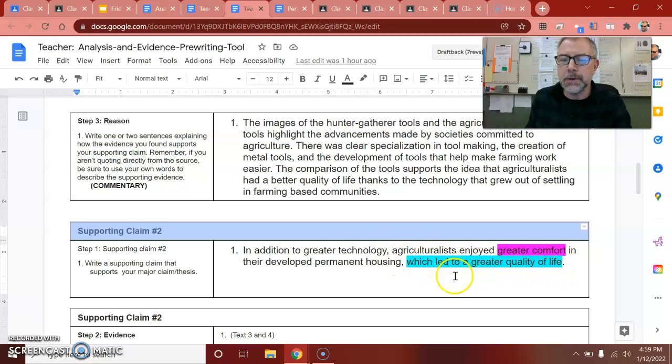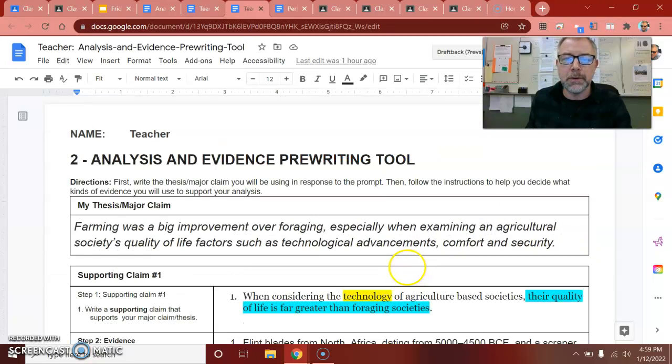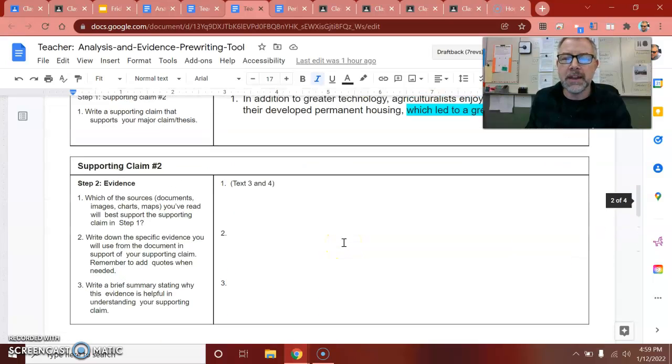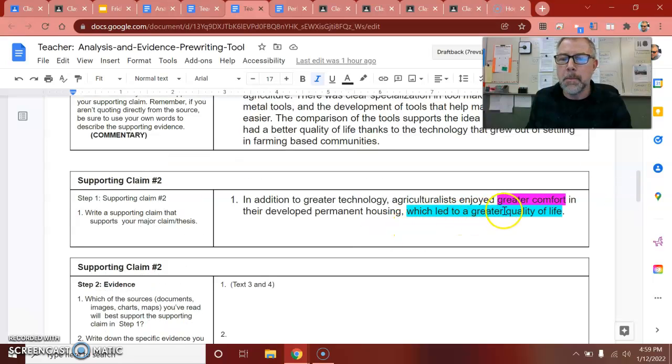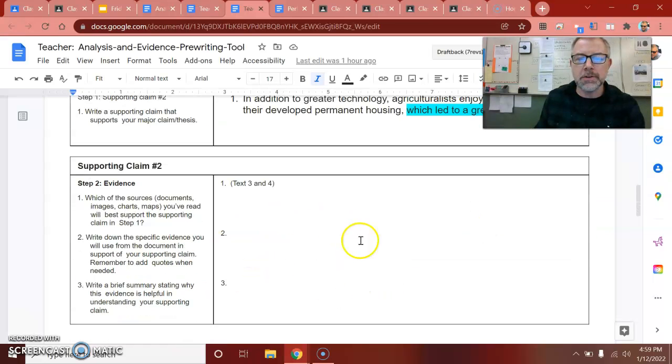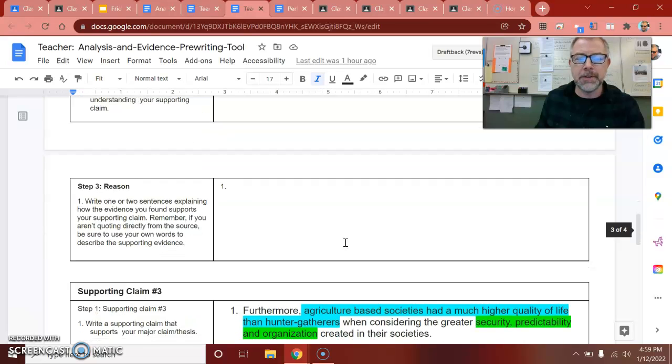So this led to a greater quality of life links back to tying this into my overall major claim, my thesis statement, okay? So I've woven that in there with just a little reminder to the reader. What am I proving? What am I proving? So I could go about doing the same concrete details and commentary for this.